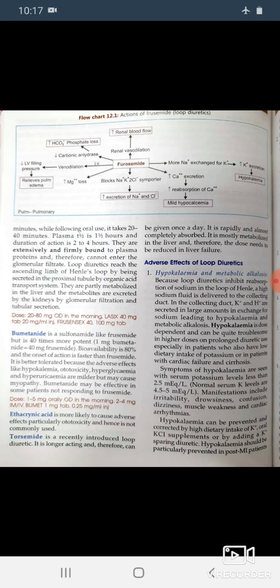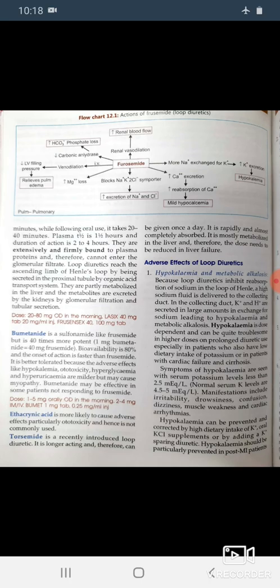As well as that, in the collecting tubule, the sodium which is not reabsorbed is exchanged again with potassium. So more and more potassium is excreted from the kidneys, and that's why it produces hypokalemia.